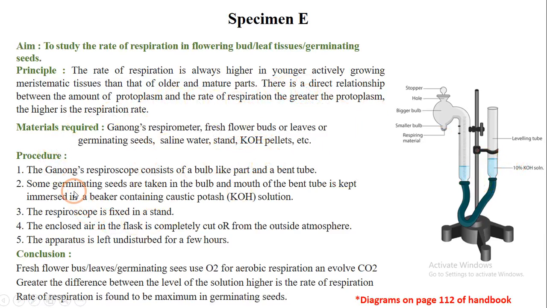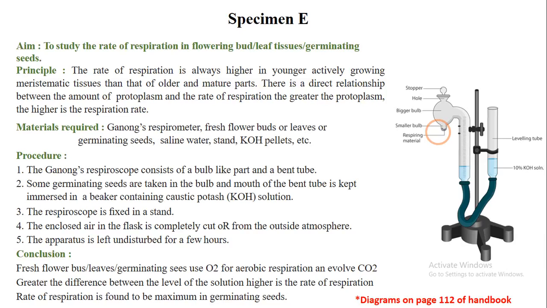Now let us also see the procedure. The first thing you have to see is the Ganong's respirometer, which consists of a bulb-shaped structure. There is a bigger bulb and a smaller bulb. In this smaller bulb, you have to add some germinating seeds, or if you have some fresh flowers in bud condition, you can add those, or if you have some leaves, you can even add those.